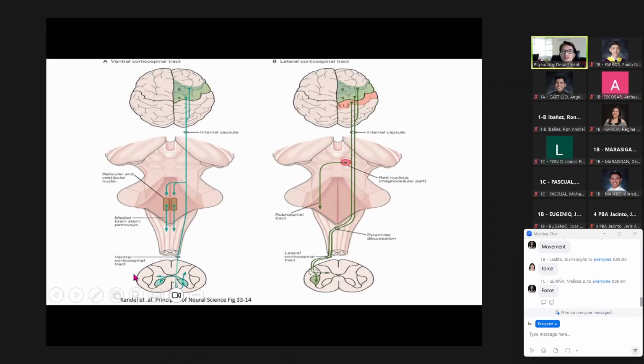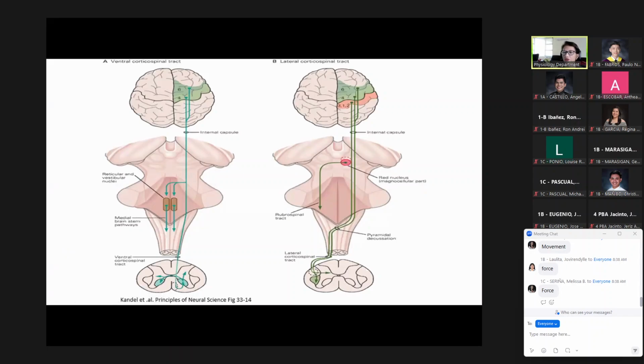Or some books will classify it as ventromedial pathways. Okay, sabi ko ngayon yung nakakalito sa neurofish, ang daming terms na pare-pareho pa lang. They terminate in the ventromedial portion of the spinal cord.